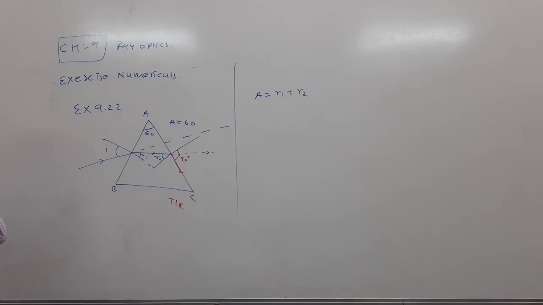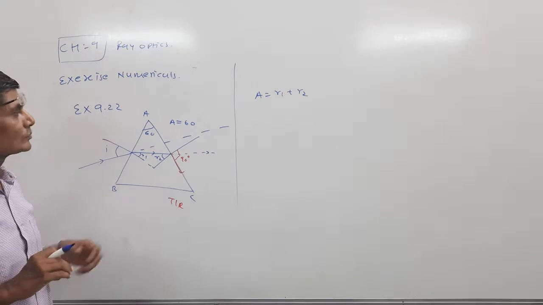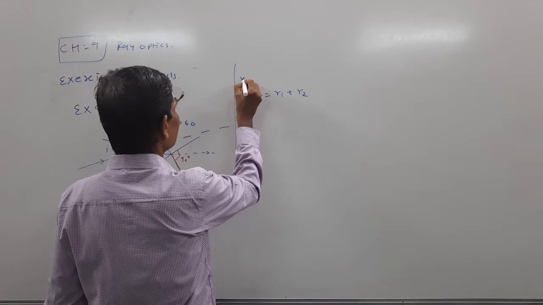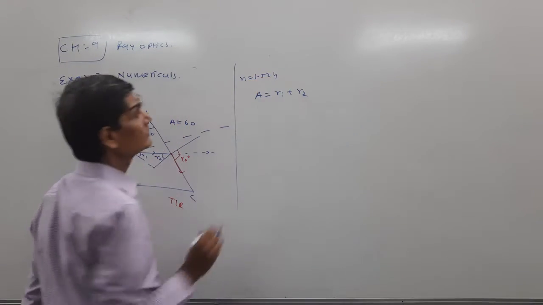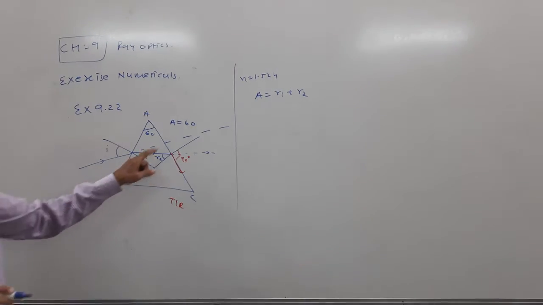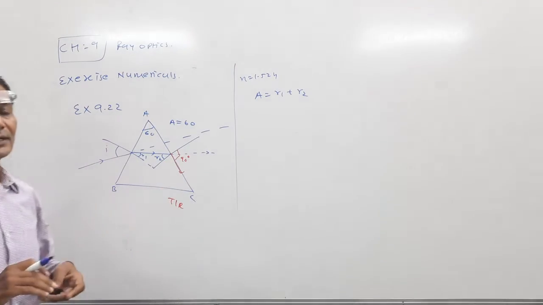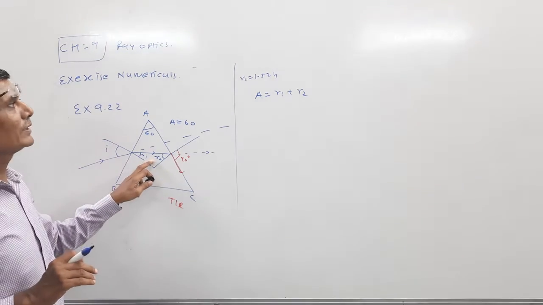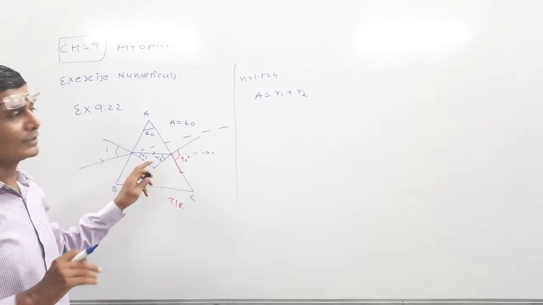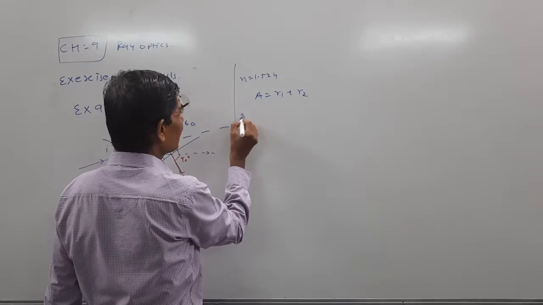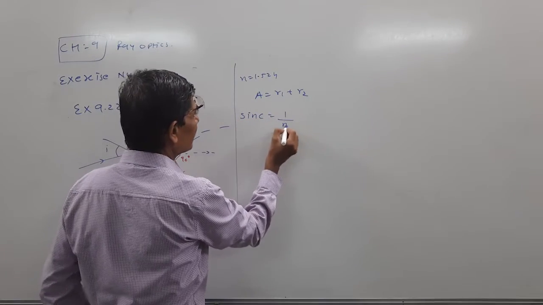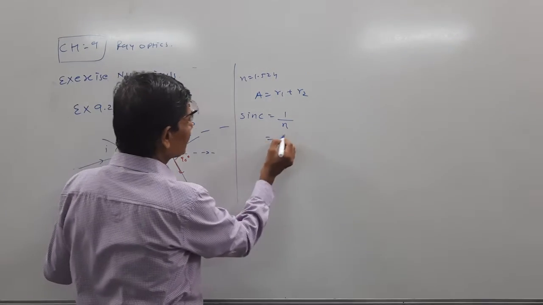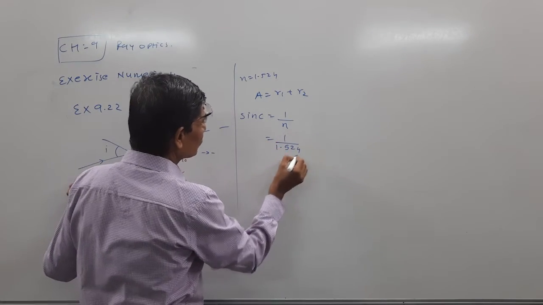The angle of prism is given, and the refractive index n is 1.524. If total internal reflection takes place on the surface AC, then r2 should be the critical angle. We use the formula sin C is 1 upon n, so sin C is 1 upon 1.524.